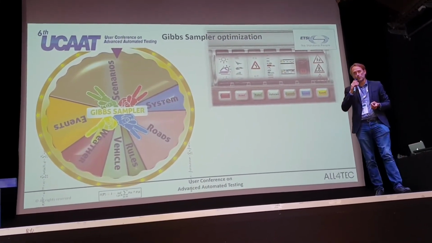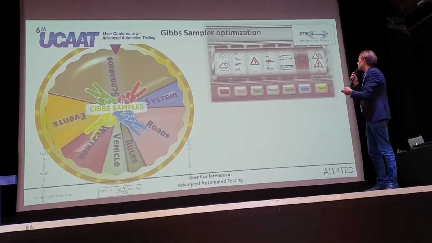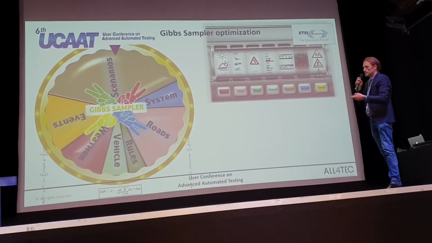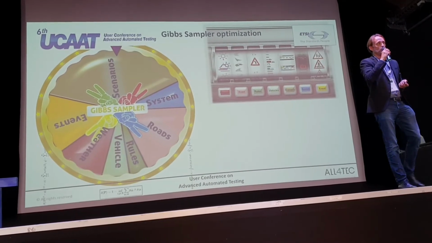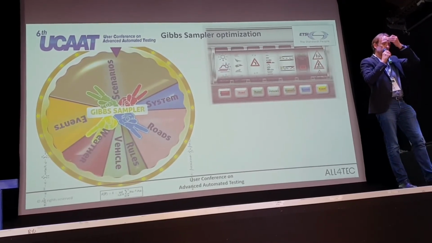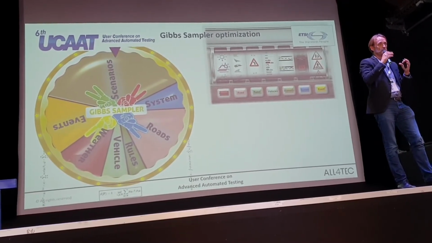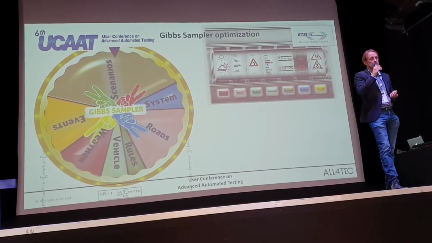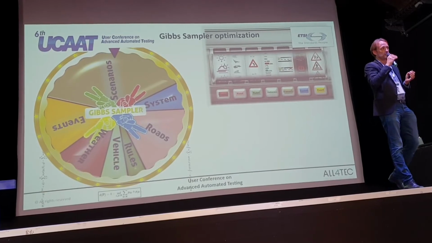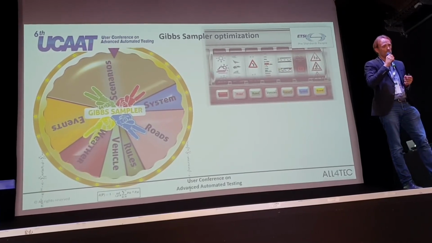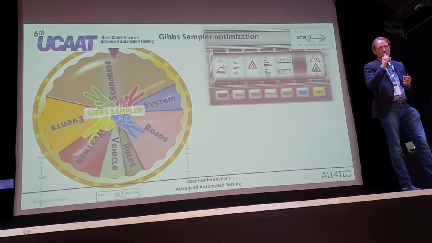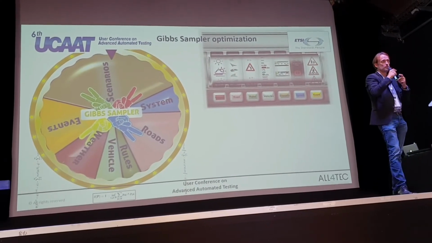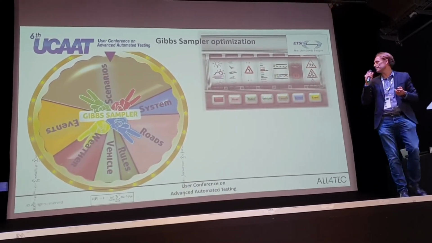So we use a method named Gibbs, the Gibbs sampler. This method is used to reduce the number of test cases, to converge quickly to the distribution of the system and reach it faster with fewer test cases.